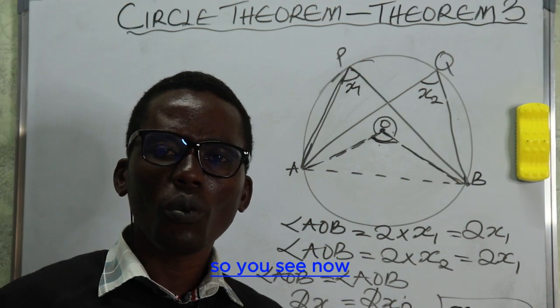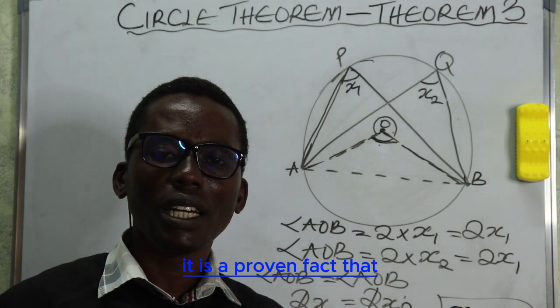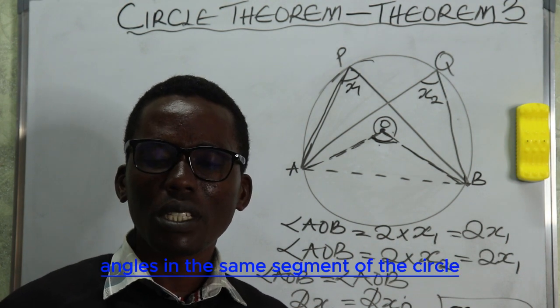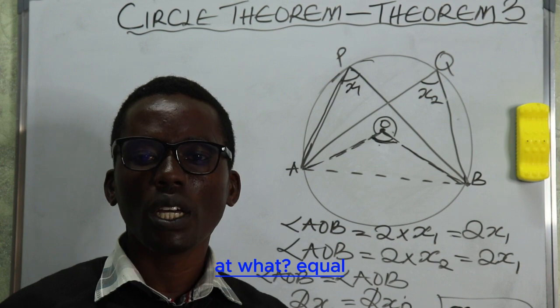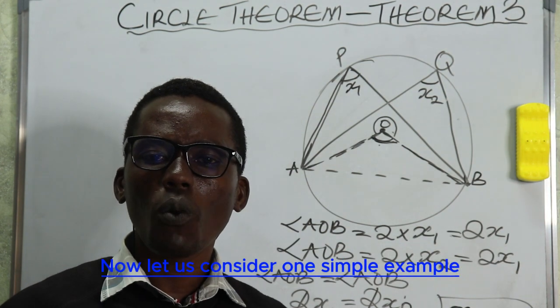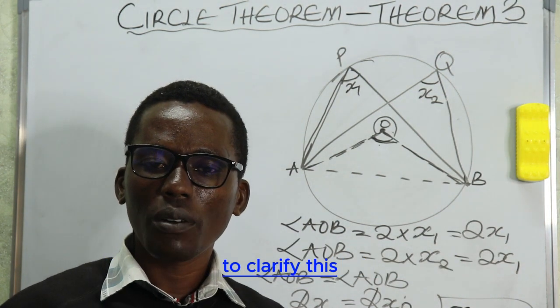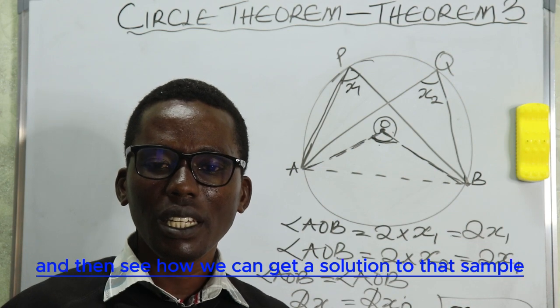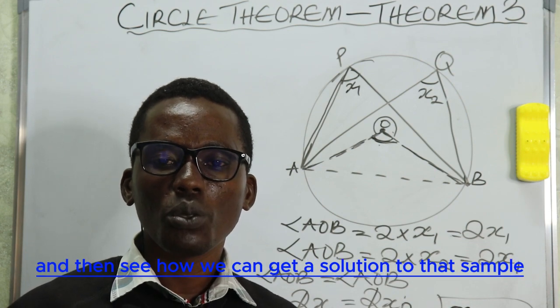So it is a proven fact that angles in the same segment of the circle are equal. Now let's consider one simple example to clarify this, and then see how we can get a solution to that sample.